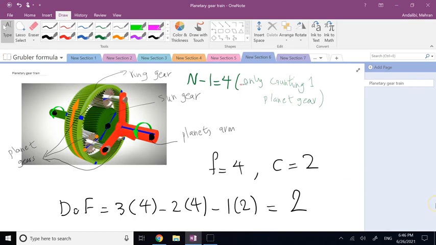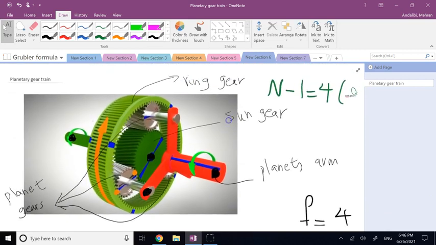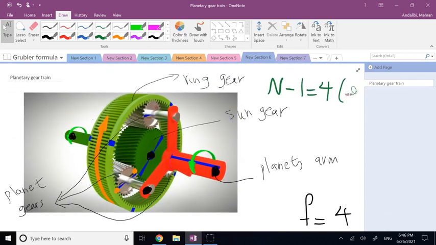And what does that mean when you have more than 1 degree of freedom? It means, for example, if I want to know the RPM of this arm, the planet arm, instead of having one other motion fixed or determined, I need to have 2 of them fixed.